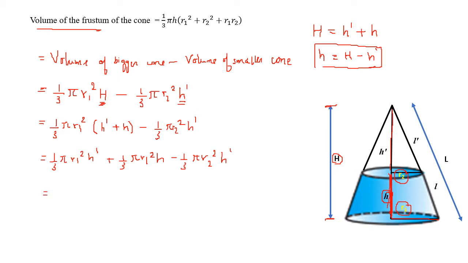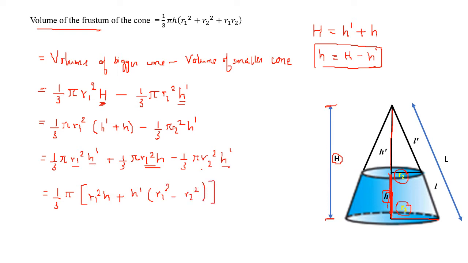Okay, now this h prime I have to eliminate, but first I'll take 1 by 3 pi common. So in the bracket I get r1 square h, this is what I've taken here, plus I'll take the h prime common into bracket r1 square, and when this bracket opens, I've got r1 square minus r2 square.